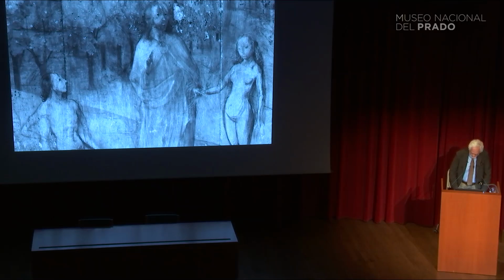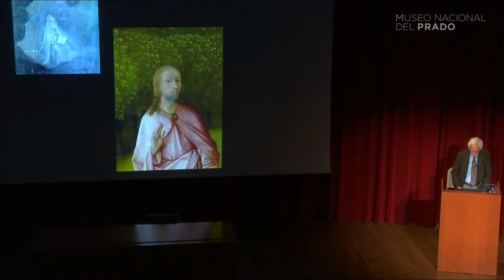Instead of the bearded face of God the Father that the Creator originally was supposed to have, in accordance with the facial type of the Creator on the exterior of the triptych, Bosch or his advisors decided to give him the appearance of Christ. Here you see God the Father as he was represented on the exterior of the painting.